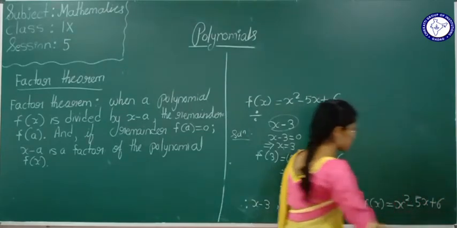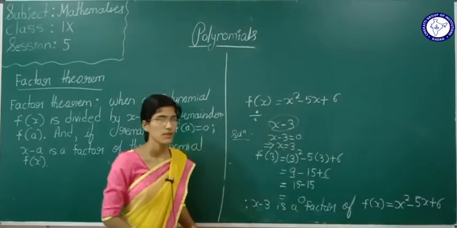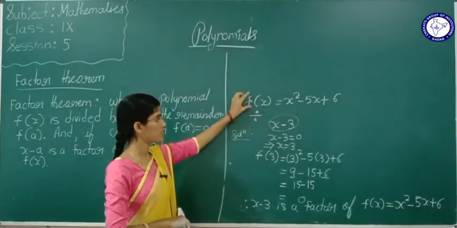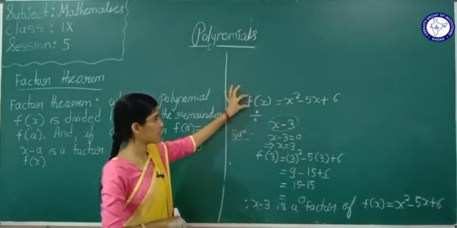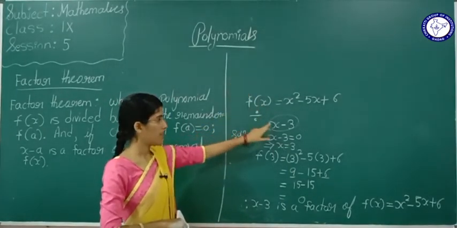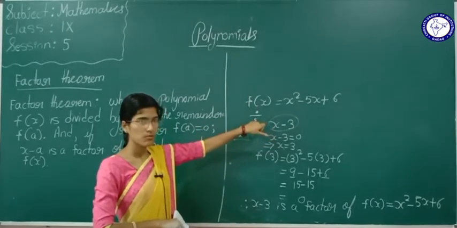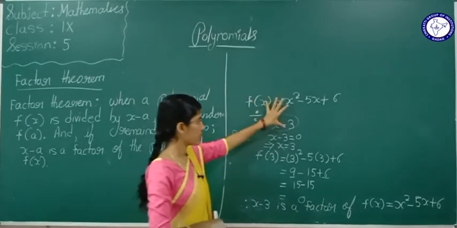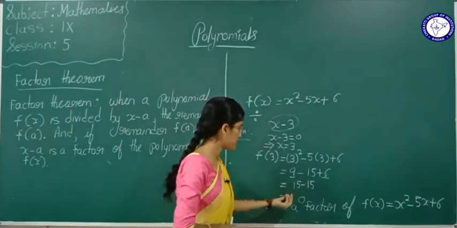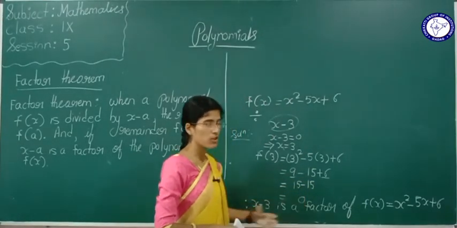Now see here students, if you divide this polynomial by a linear polynomial, we are getting the remainder as 0. If we are getting remainder 0, what can we tell?